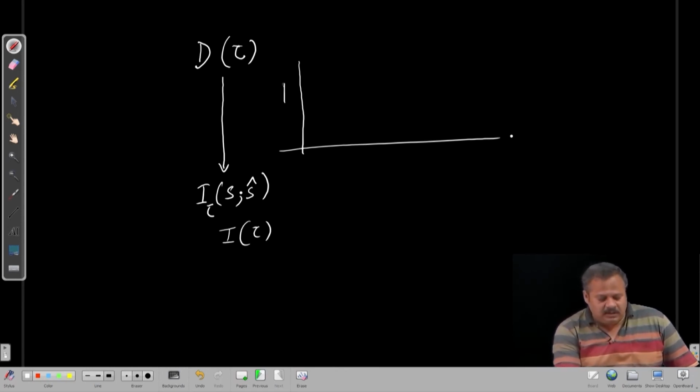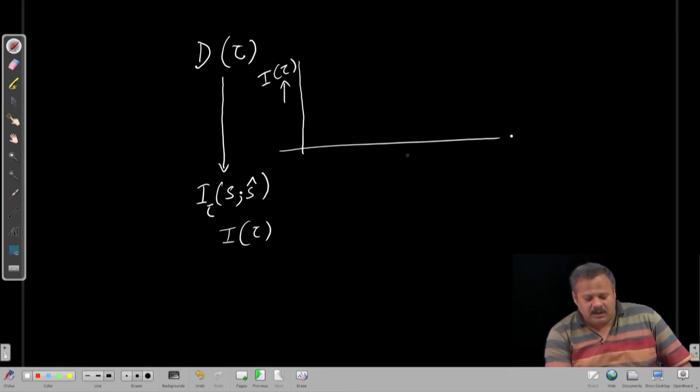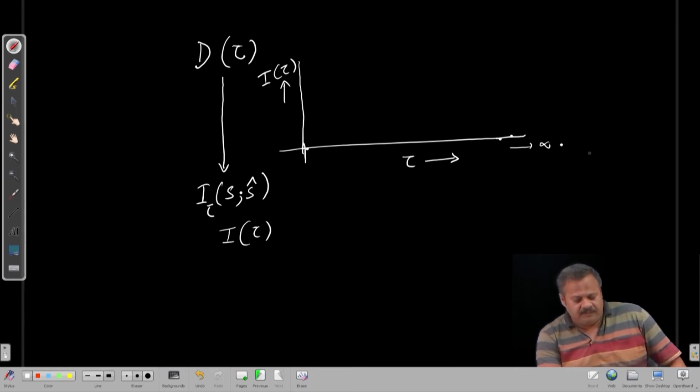We can plot this I tau as a function of tau, where this end is 0 and on the other end we are going to infinity.